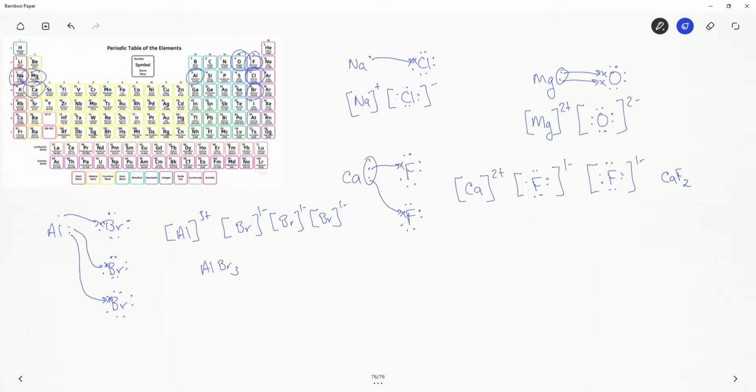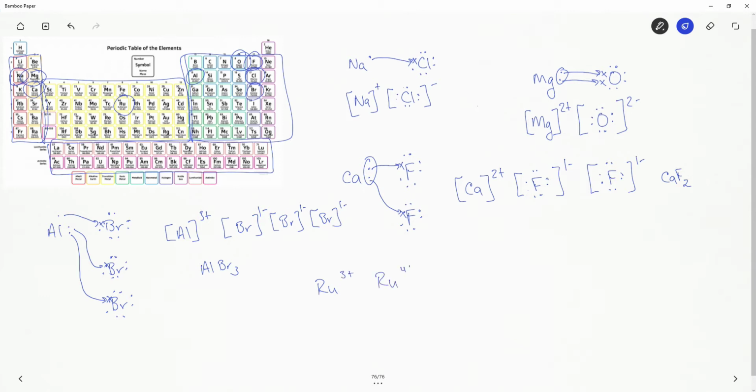Now you've probably noticed that I have very clearly stuck within the s orbitals and the p orbitals because the transition metals and the f orbital metals can have multiple charges. So ruthenium, for example, can form 2 different ions. It can form a 3+ cation or a 4+ cation.